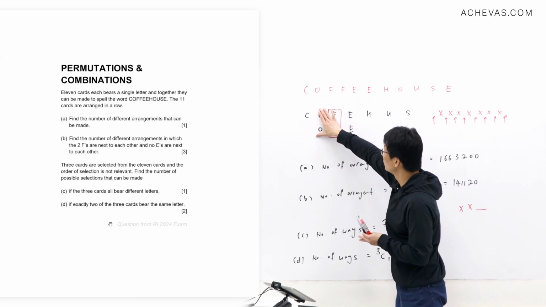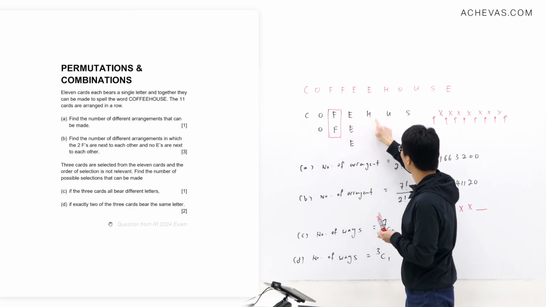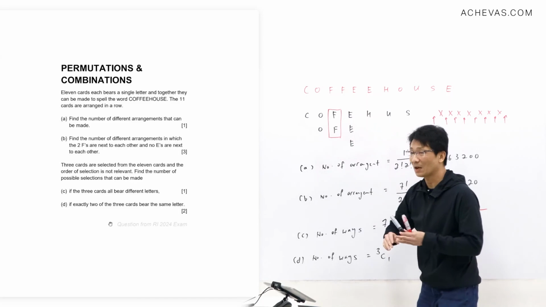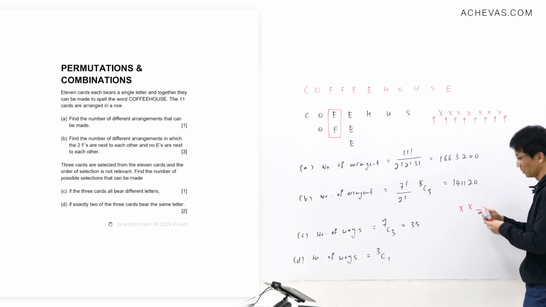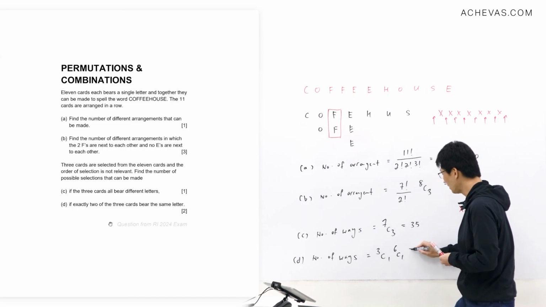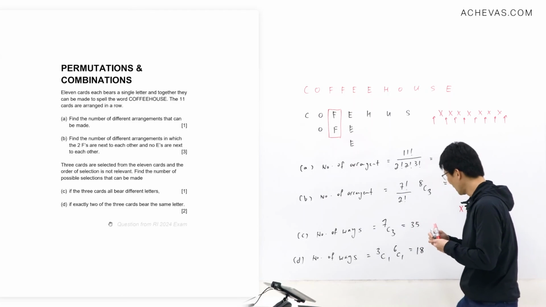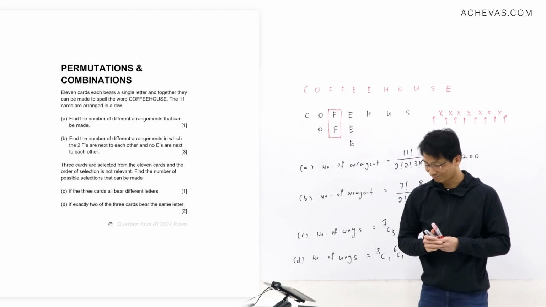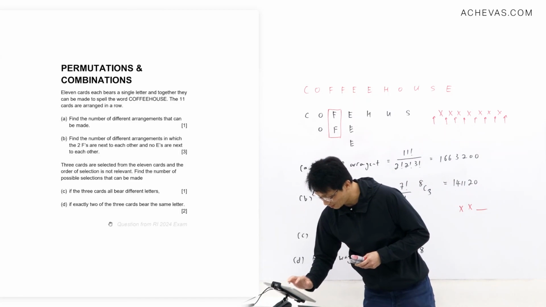Assuming that O is chosen, I am left with 1, 2, 3, 4, 5, 6. So I will have 6 choices to choose the card that is different from these 2. So we have 6 choose 1. Evaluating this, I will get the answer 18. That's my answer. All right, that is all for this question.